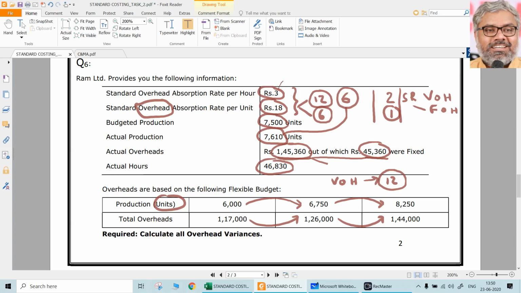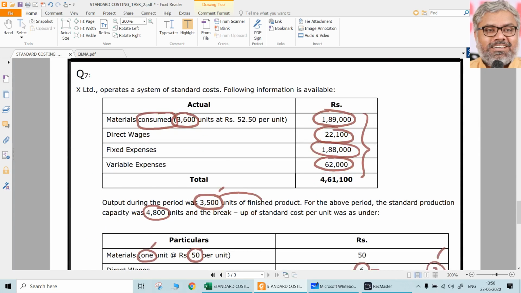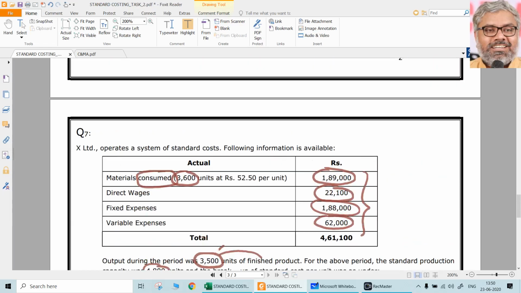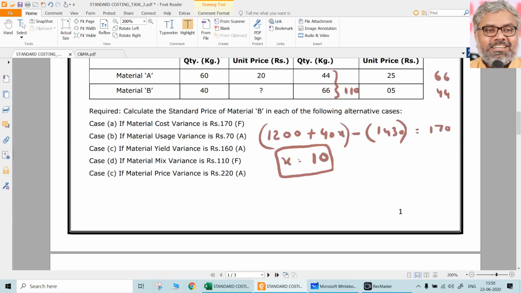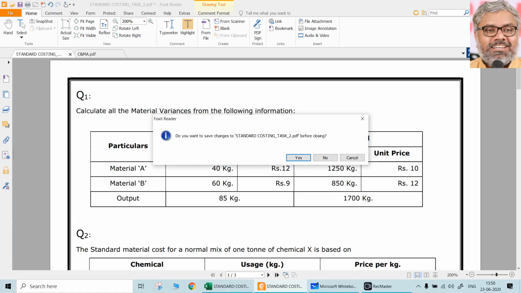Of course, here the per hour rate is also given as 3 rupees, which is distributed into variable 2 and fixed 1. It's all about identifying information, matching, and then using it wherever required. That is the way such questions have to be dealt with. Okay, so that is the question paper, or task, discussion.